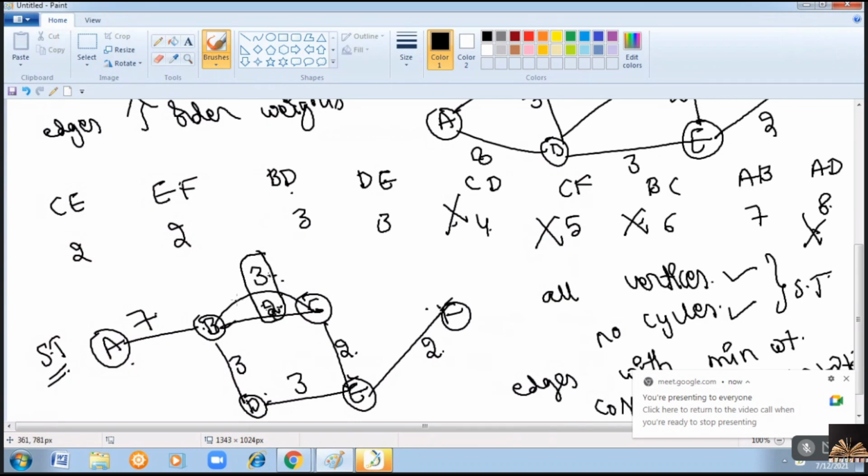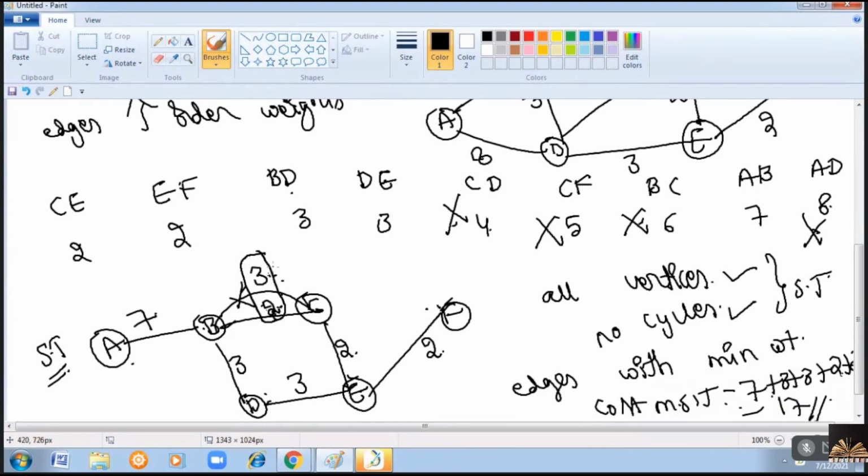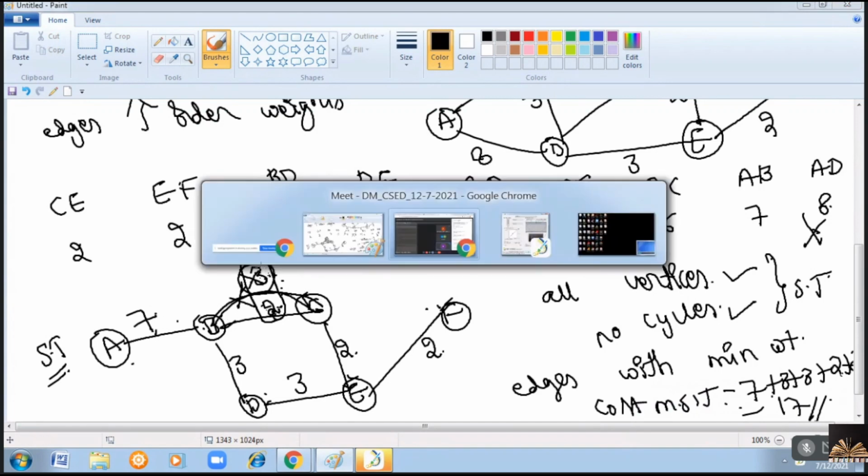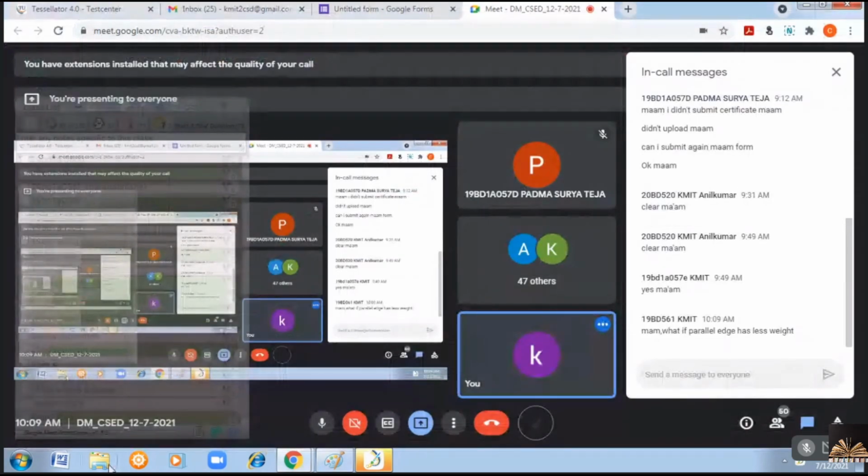Among these two, whichever is minimum, you include that in the graph. The one with more weight should be discarded. Even though this edge weight 3 is minimum when compared with 6 or 7 or 5 or 4, still you have to remove 3. Why? Because between B and C we have more than one edge. Is it clear?